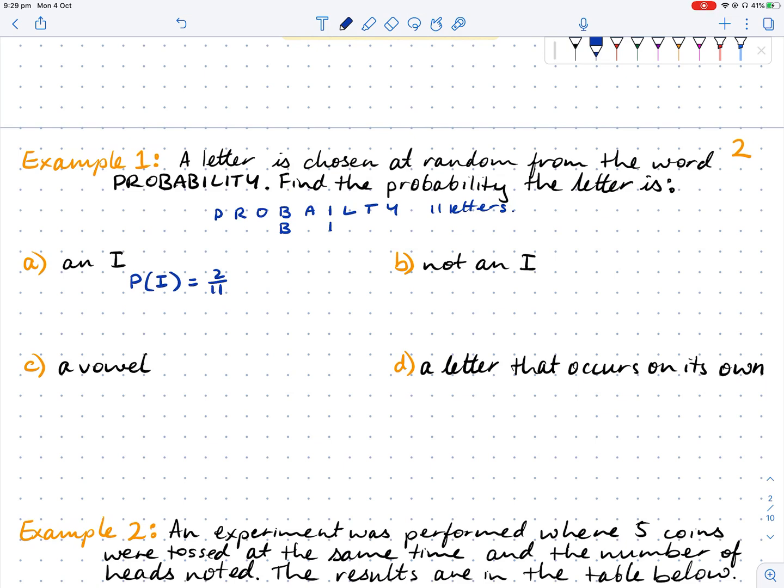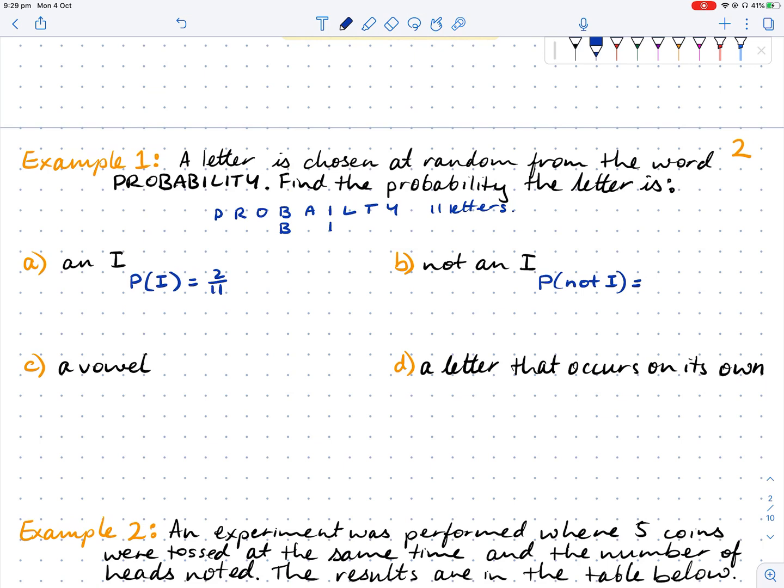For the second one, we want the probability that it's not I. Now remember, the word not means that we're going to be looking for the complement. So one way we could work this out is just to count up how many letters aren't I's, and then we can put that on top of 11.